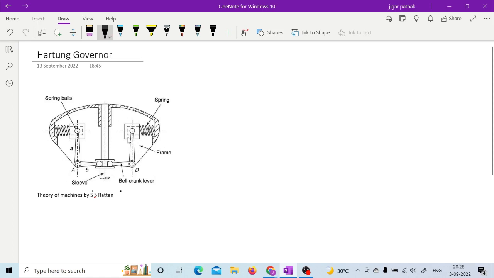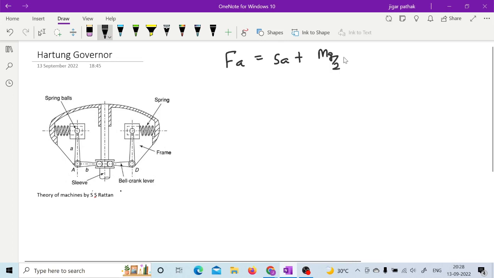So if you write the equilibrium of moment in this particular governor, then you can have F into A, this centrifugal force into this distance, equals S into A, where S is the spring force, and then mg by 2, here friction is not considered, mg by 2 into B.